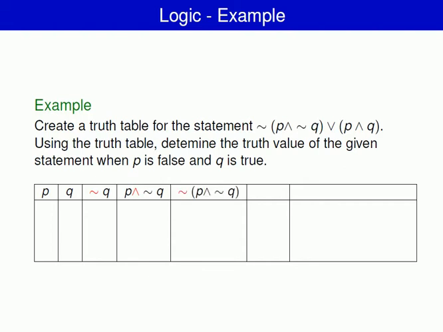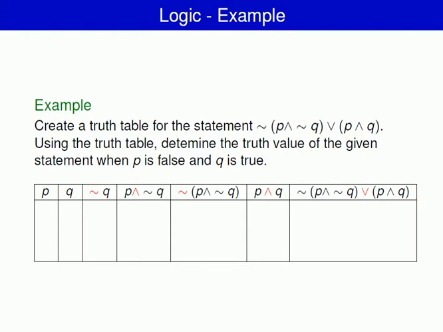Next, we can negate the statement. We already have P and not Q, so we can take the negation of that. Next, we can create P and Q. Now we have everything to evaluate the OR operator, and this is our compound statement. So you see, a truth table is made up of three parts.